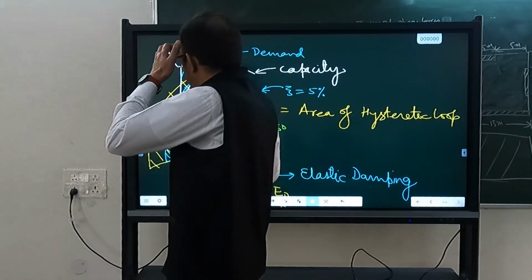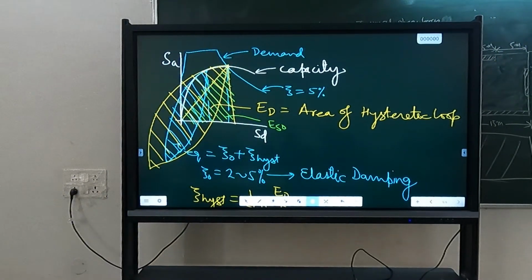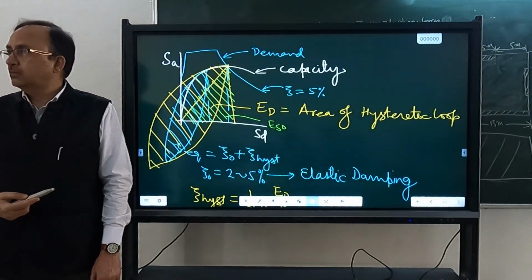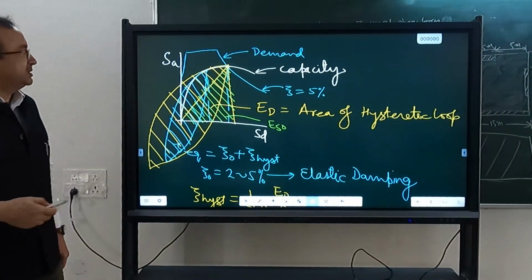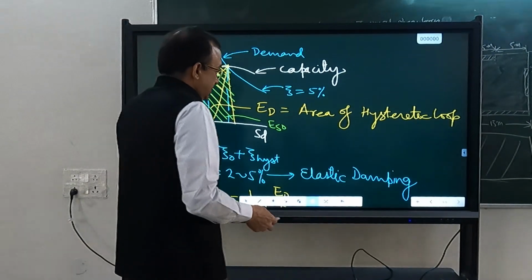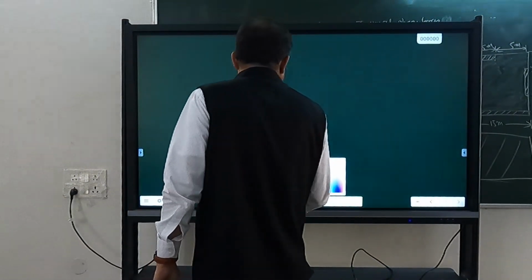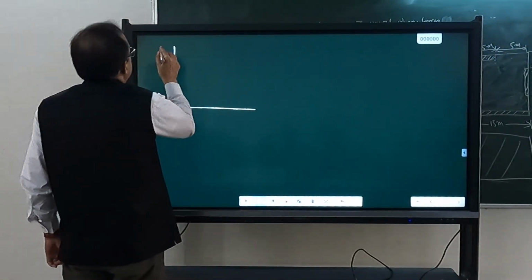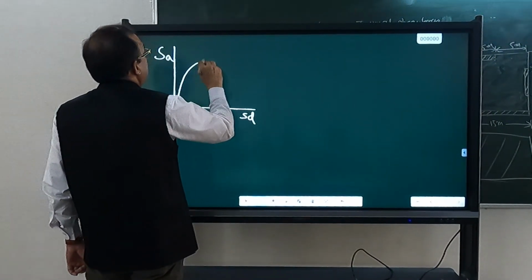Okay, so here the equivalent bilinearization comes to our hand. That's why, because if you have to consider the actual loop, you can do it geometrically. But we can simplify it if we represent our capacity curve by an equivalent bilinear. So our SA versus SD, the capacity spectrum, is like this.